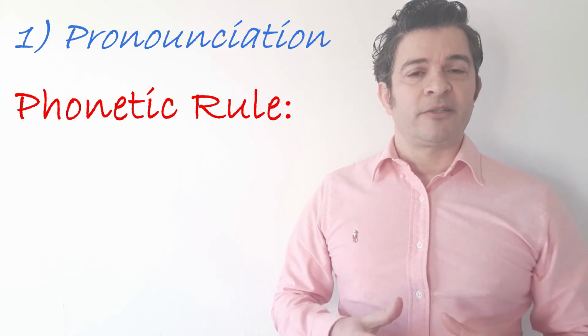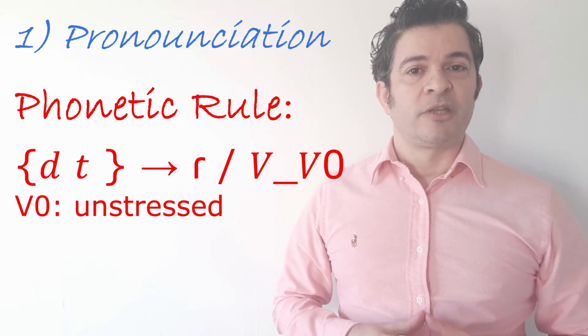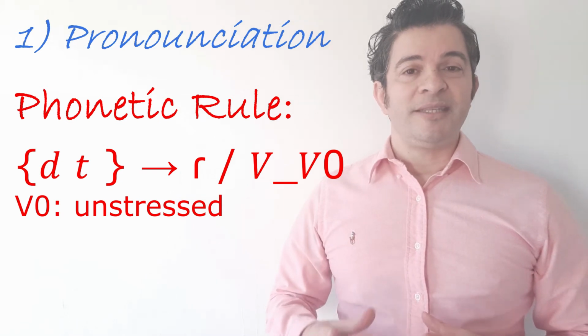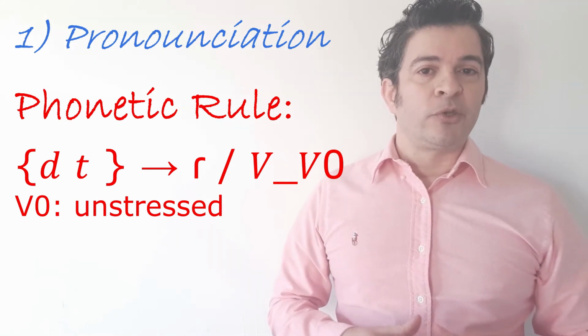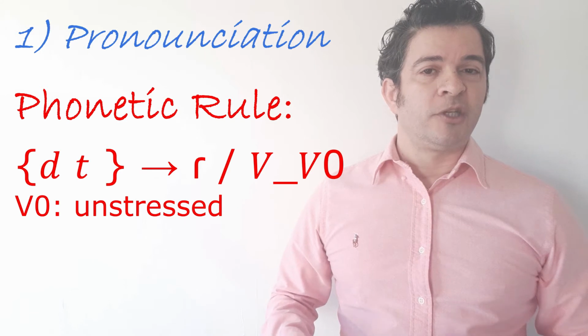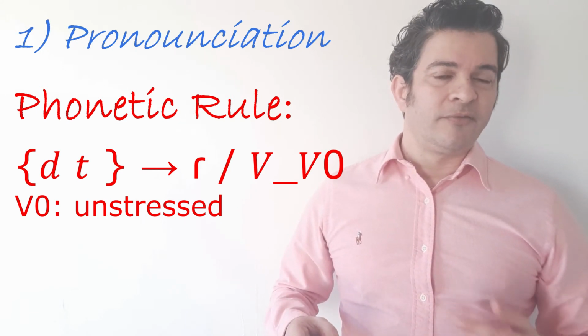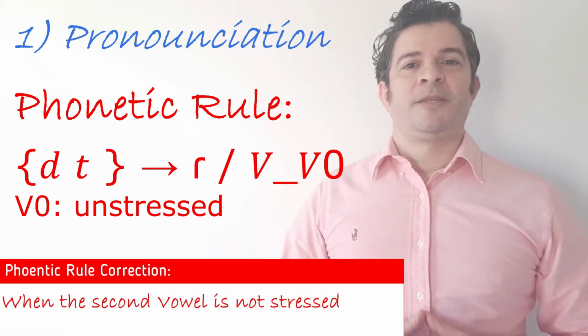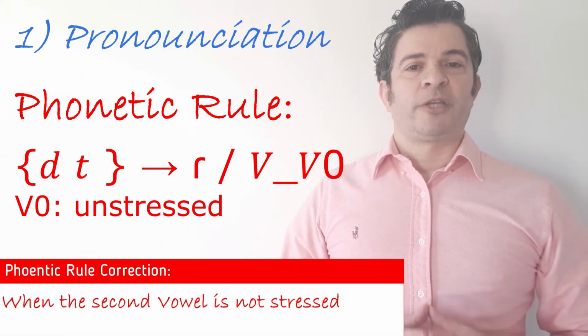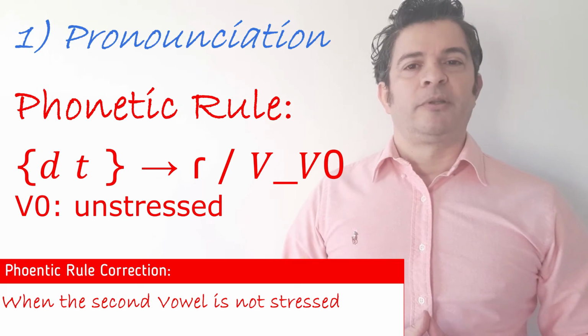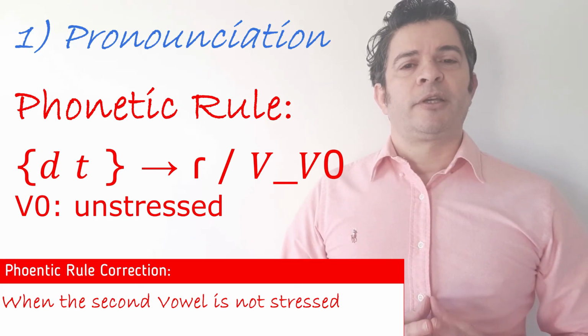In fact, in phonetics, there is a flap rule which states that the T and D become flapped when they occur in certain positions, and this position is intervocalic. So if it occurs between two vowels and the second vowel is stressed. That's the flap rule, which is the main difference.